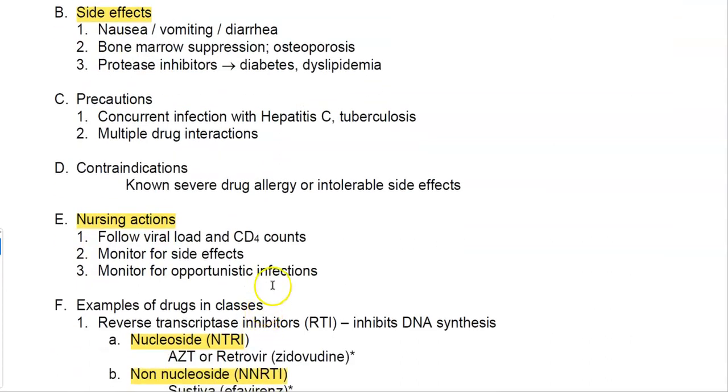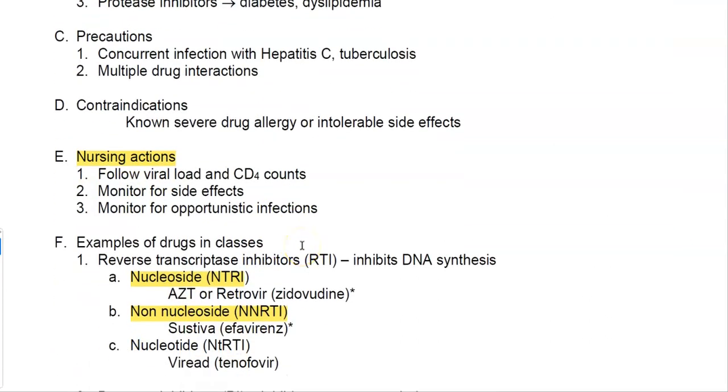Nursing action. If we're giving these medications for HIV or AIDS, we need to follow up the viral load and CD4. How do we know that we're accomplishing our goals? How do we know that this treatment is actually effective? Well, we need to follow the viral load and the CD4 counts. In addition, we have to monitor for the side effects.